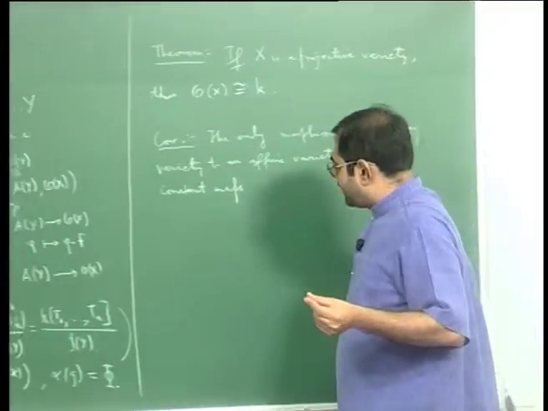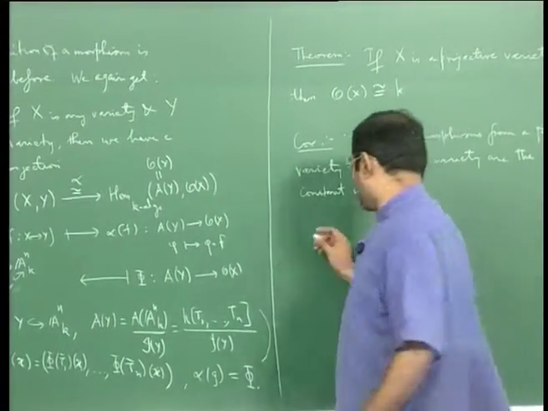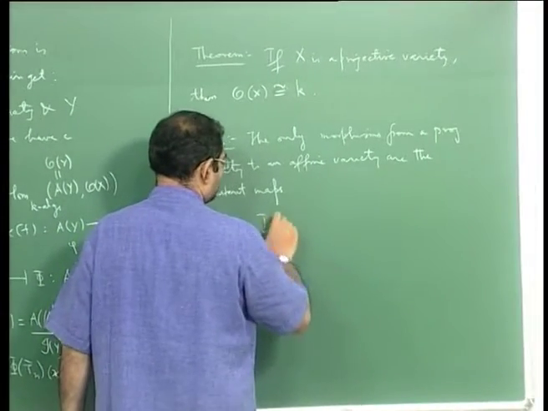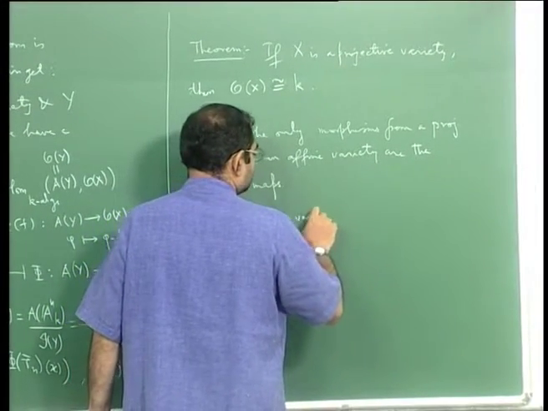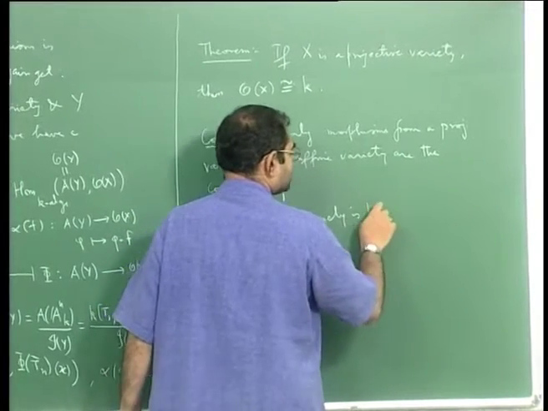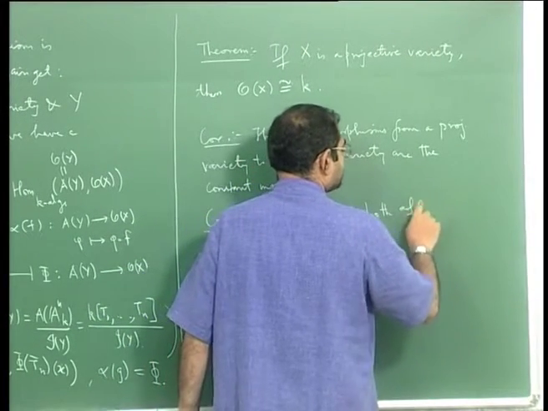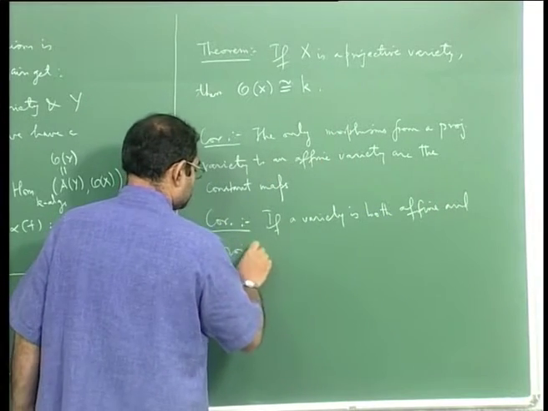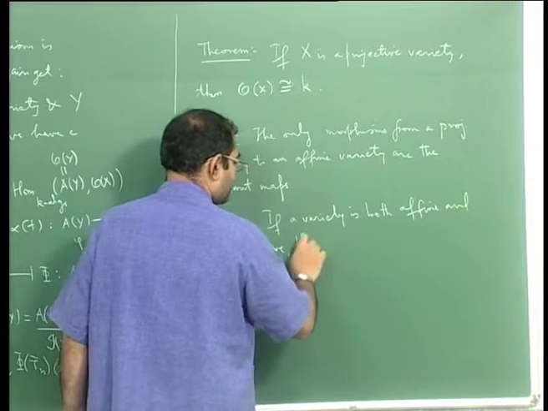Another corollary is that if a variety is both affine and projective, then it is a point.